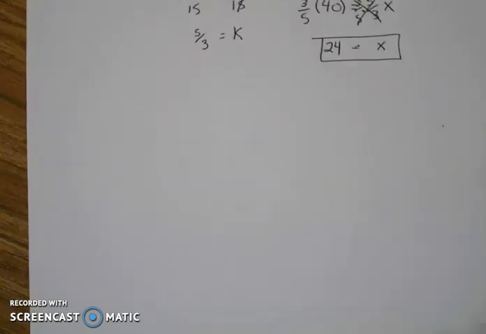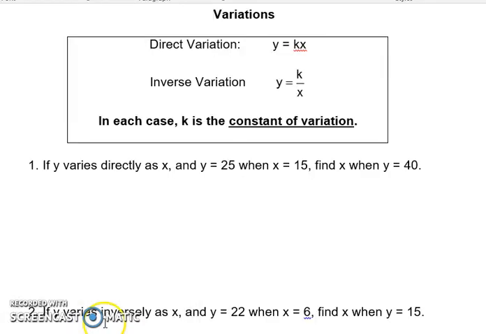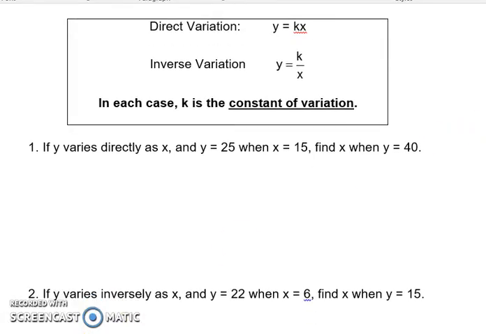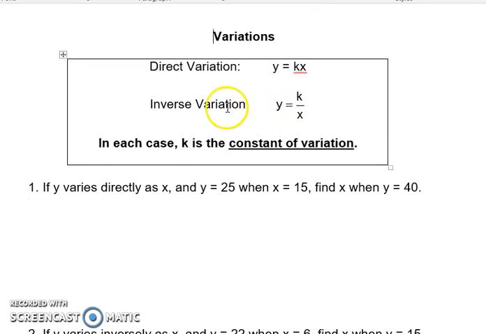Okay, let's take a look at the next example. Okay, this one is an inverse problem. Y varies inversely as x. Okay, so let's take a look at number 2. It says inversely, so we're going to use the inverse variation. Y equals k over x.